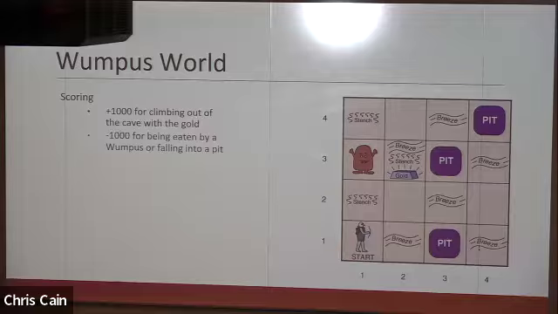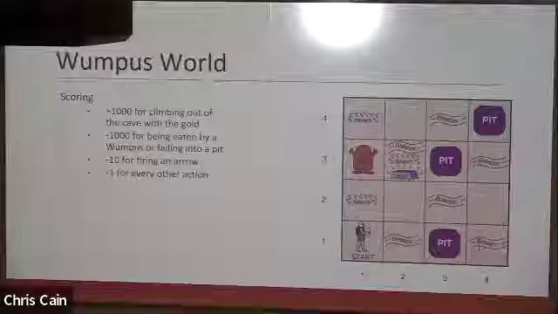If you die to the wumpus or to a pit, 1,000 points are deducted from your score. When you fire the arrow, because there's no hope to ever get that arrow back, there is a cost to replacing that arrow, and that is 10. So firing the arrow actually costs you a bit. Every other action you take is going to cost you 1.